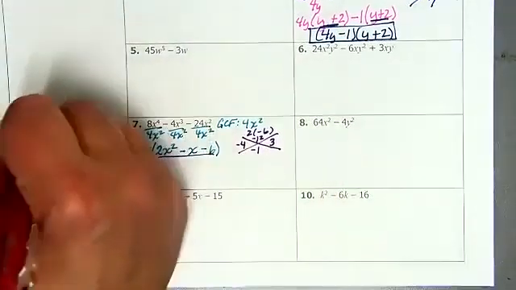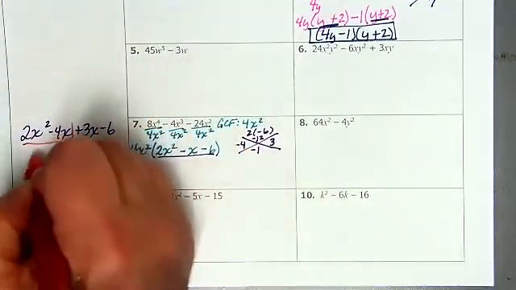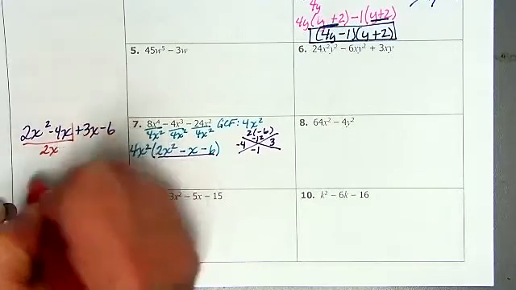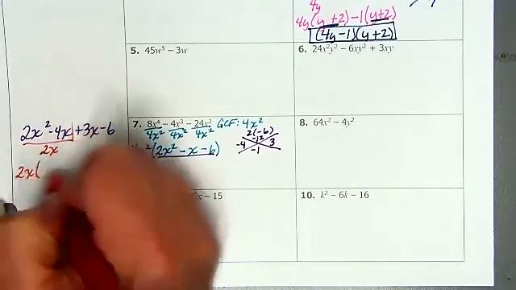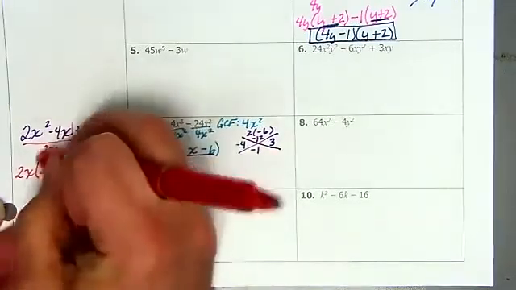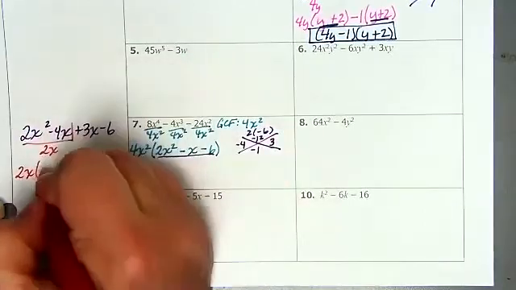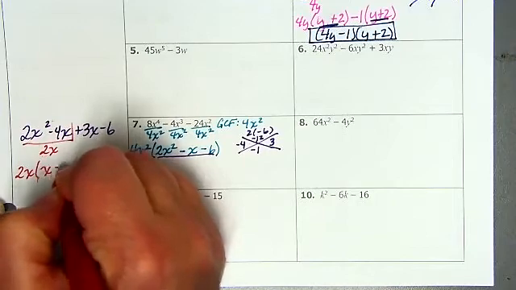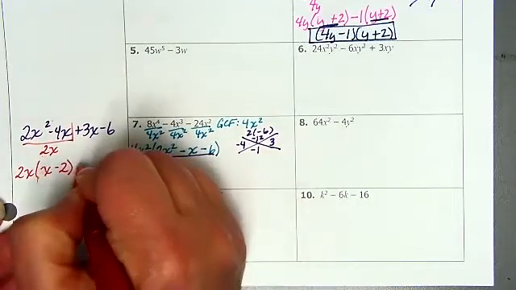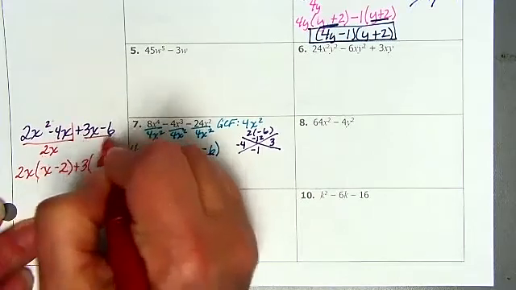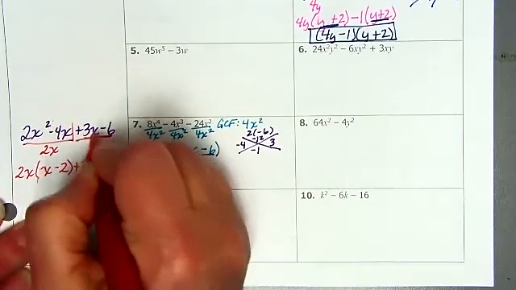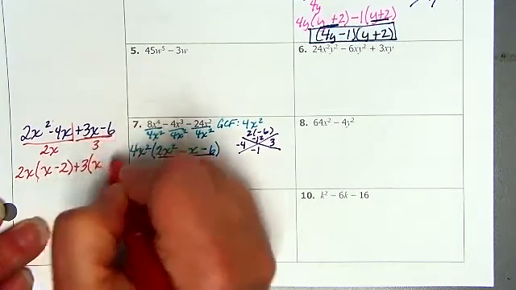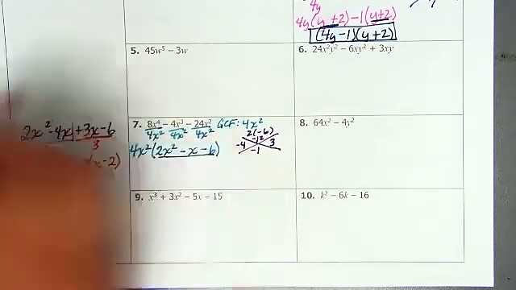And now I do each half. So this is going to have a GCF of 2x. So I'm going to have 2x open parentheses, and then 2x squared divided by 2x leaves me with x minus 2. And then over here, my GCF is 3. So I write plus 3, and I'm factoring: 3x divided by 3 is x, -6 divided by 3 is -2.